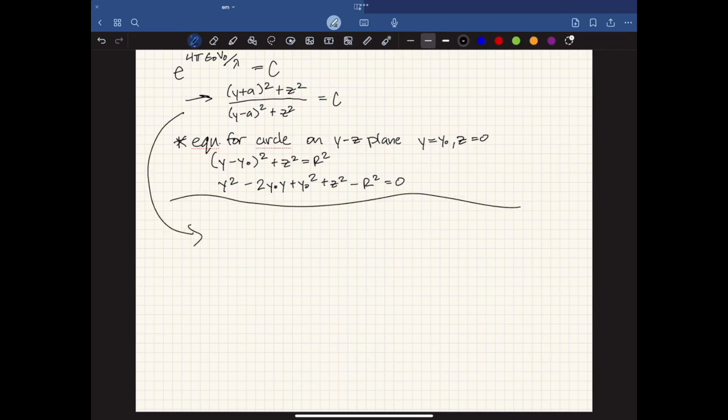So continuing from that equation, we can multiply both sides by (y minus a) squared plus z squared. And we can expand these terms and do other mathematical manipulation to get it into the form that we want.